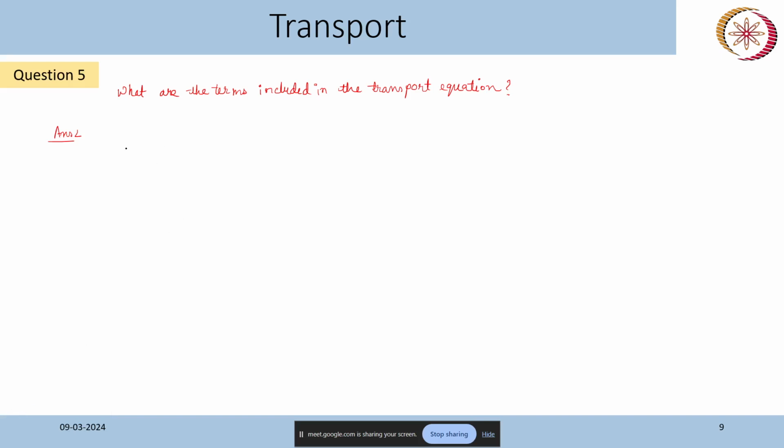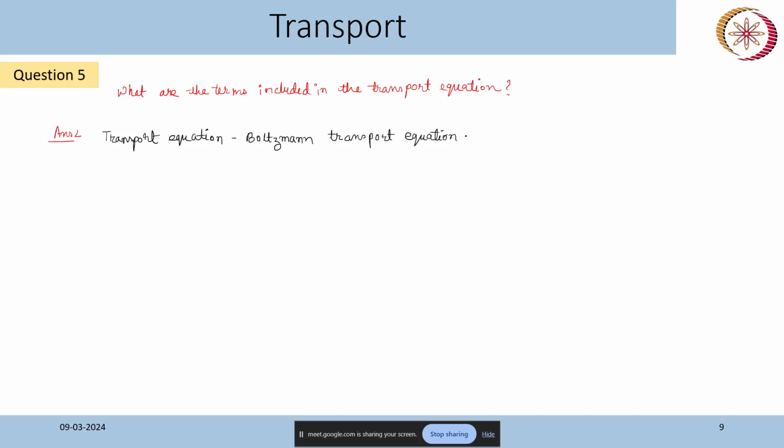So here by transport equation I mean the Boltzmann transport equation. So the Boltzmann transport equation is used to solve the non-equilibrium carrier distribution inside a material.